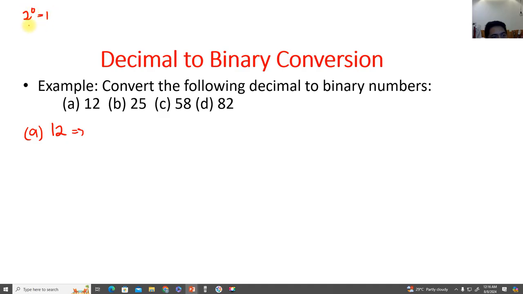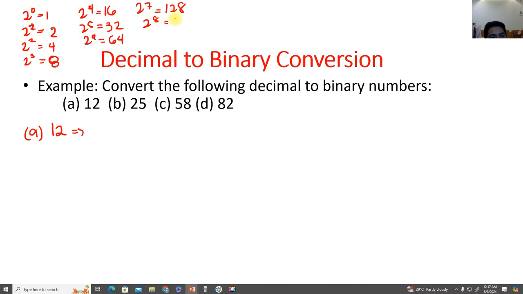Let's say 2 raised to 0, I'm just going to write them: 2 raised to 2, 2 raised to 3, 2 raised to 4 is 16, 2 raised to 5 is 32, 2 raised to 6 is 64, 2 raised to 7 is 128, 2 raised to 8 is 256, then 2 raised to 9.